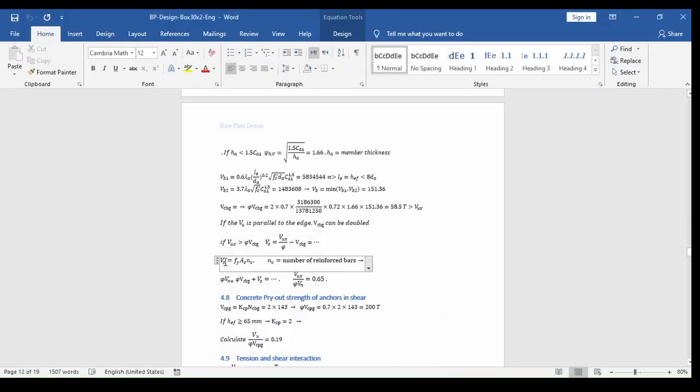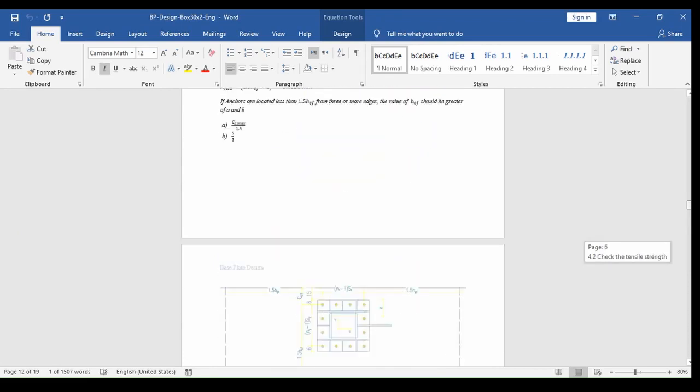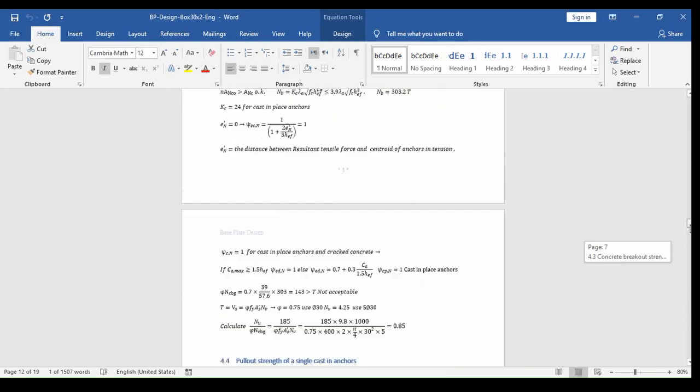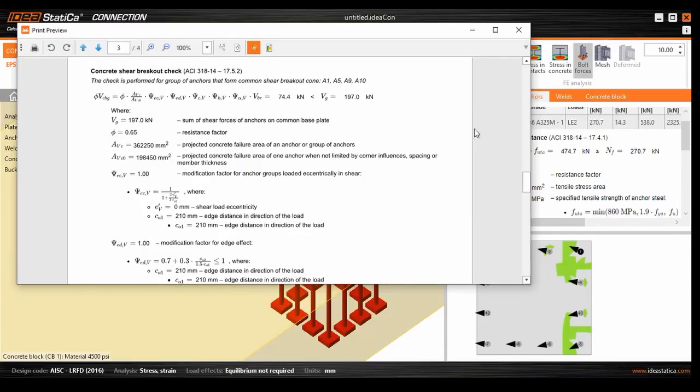For example, this formula here is for shear, and here, okay, this one is for axial force. So far so good.